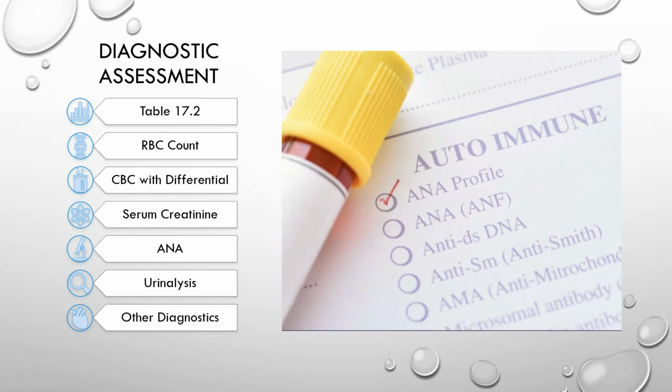Same thing if they came in with some neurological deficits, we would have to do CT scans and MRIs to rule out things such as stroke, dementia, TIA, that kind of thing. So the other diagnostics, again, don't tell us yes, it is lupus, but they help us to rule out other disease processes that could cause some of the symptoms as well.